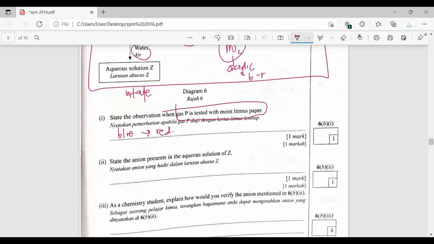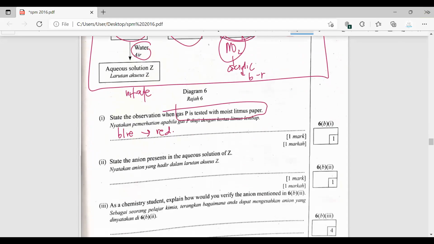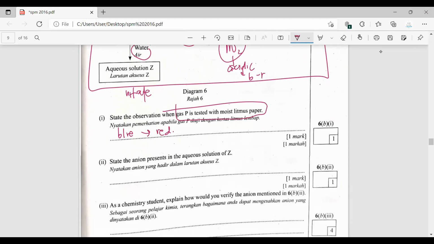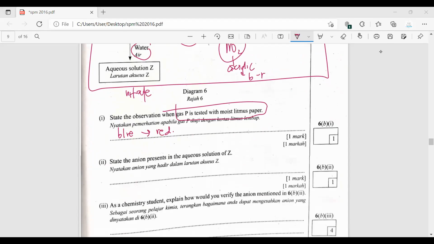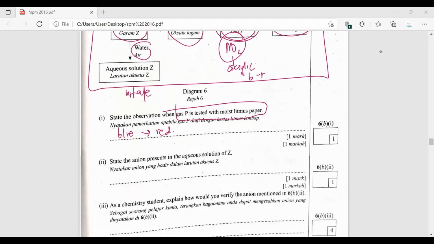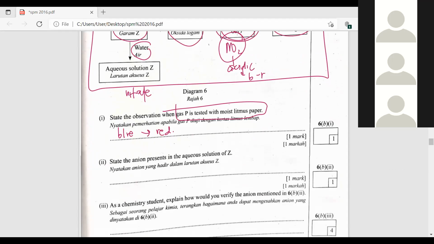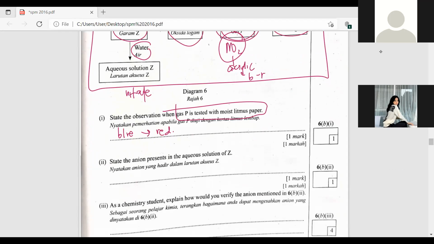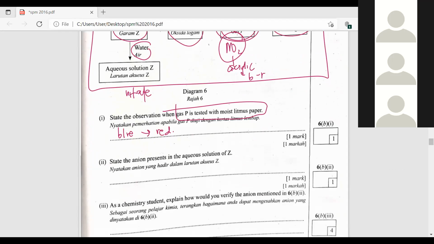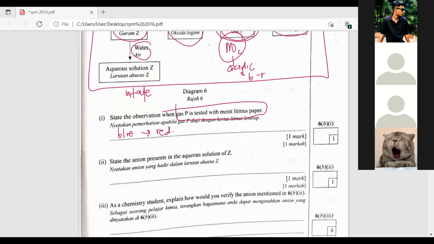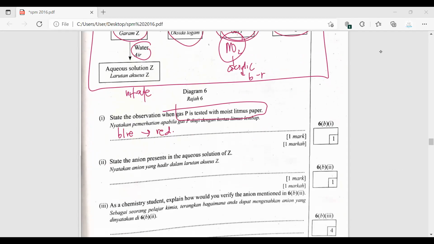Correct. Next question. What is the anion present in the aqueous solution that you already know? Shira, if you can answer, do answer. If not, Hurin or Farisha. What are the anions present here?